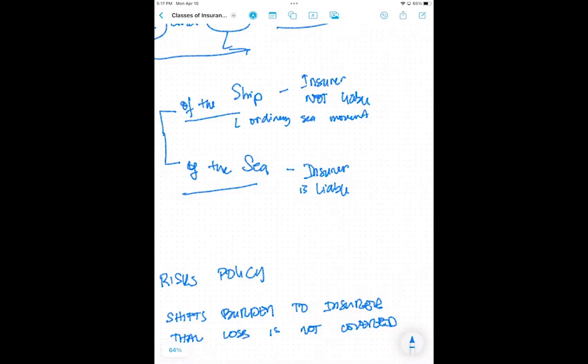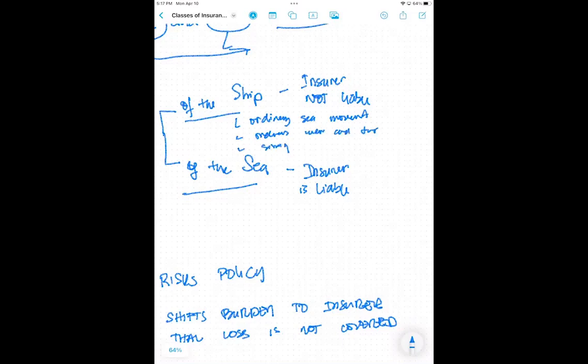So hindi naman still ang dagat. Okay? So meron siyang sea movement, okay? Or ordinary wear and tear of the ship, okay? Or it may also cover a simple negligence of the ship captain or the crew.